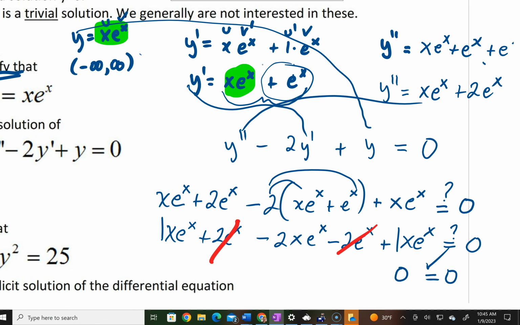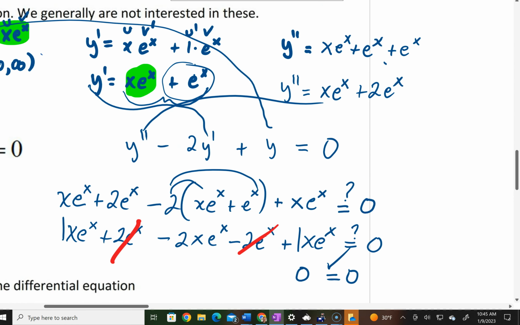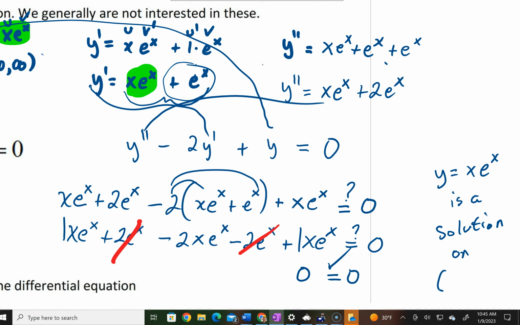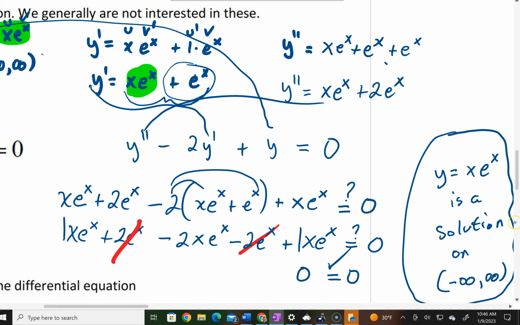So here's what I want to point out to you. You're going to say y equals x e to the x is a solution on what interval? Negative infinity to positive infinity. There were no discontinuities.